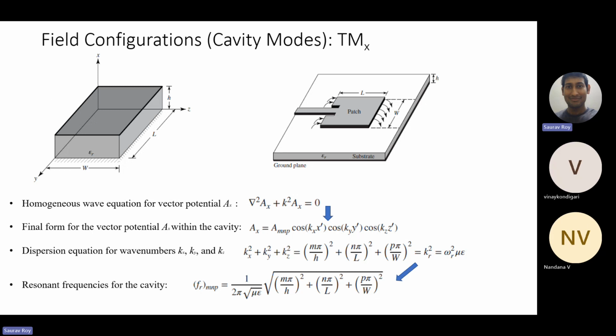So m, n, and p are how many half wavelength variations in the x, y, and z directions. If you know that, it will give you the resonant frequency of your patch antenna. That will be your approximate resonant frequency, right? That is why this mode configuration is very vital. So you can calculate your resonant frequency from these numbers.